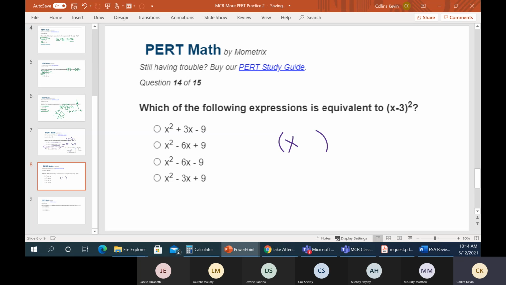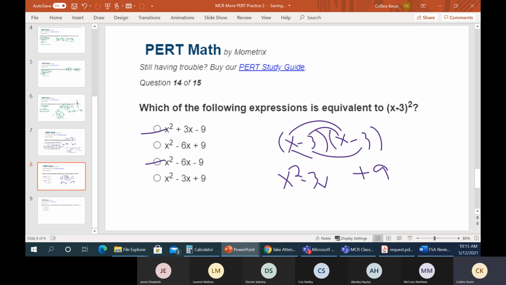You can just write this twice and FOIL it out. So x times x is going to be x squared. Minus 3 times minus 3 is going to be plus 9. So that eliminates these two guys. Then the inside guys give minus 3x, and the outside guys give another minus 3x. Add those together and you get x squared minus 6x plus 9. So B's our guy.